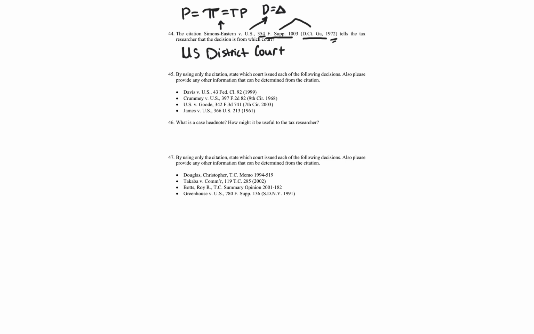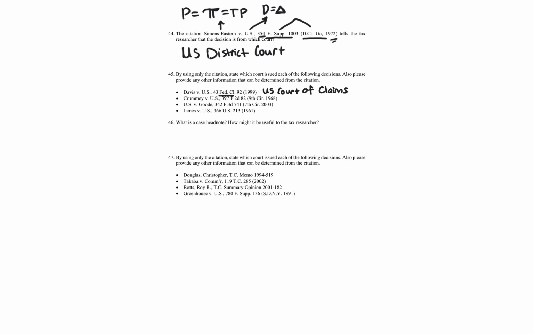So first thing, it's asking state which court issued. We can determine this one easily by the reporter. This is going to be the U.S. Court of Claims. The U.S. Court of Claims, also known as the U.S. Claims Court. That's what it previously was called. So U.S. Court of Claims.